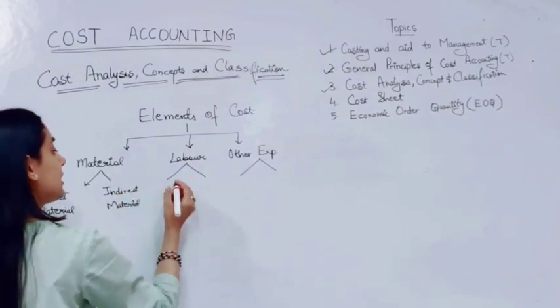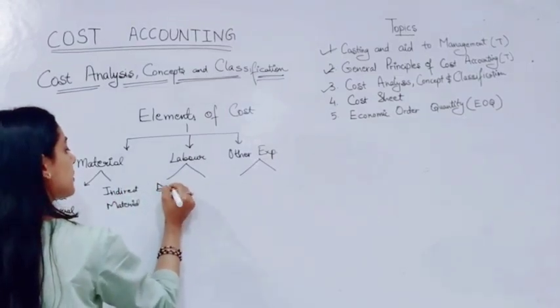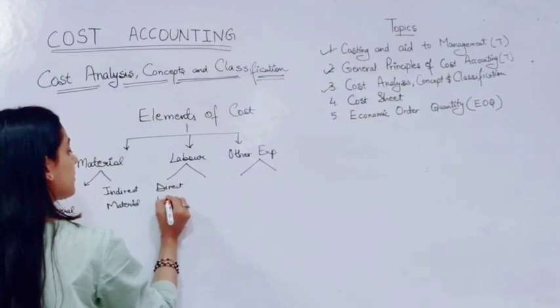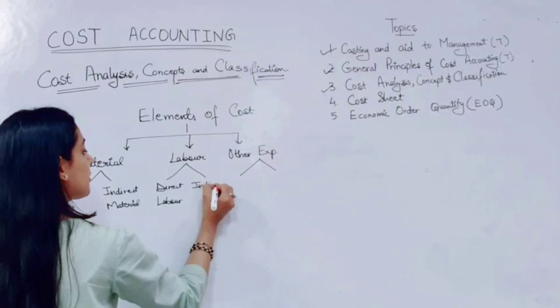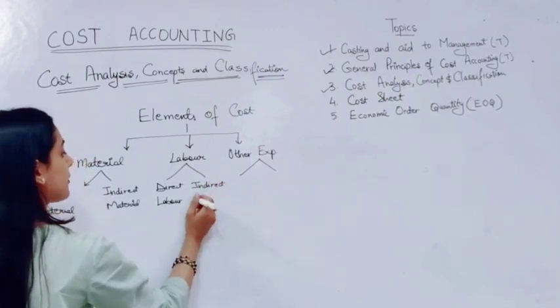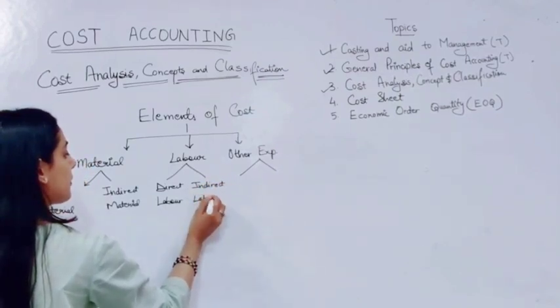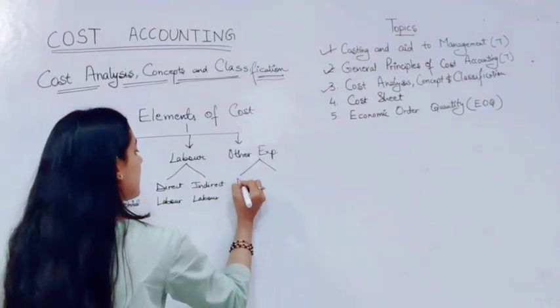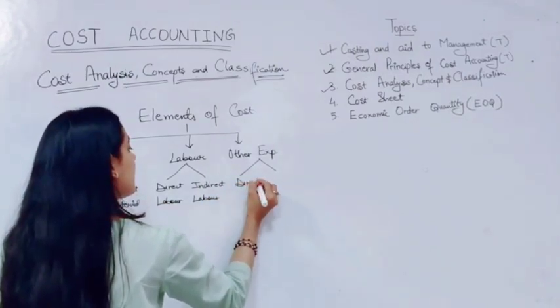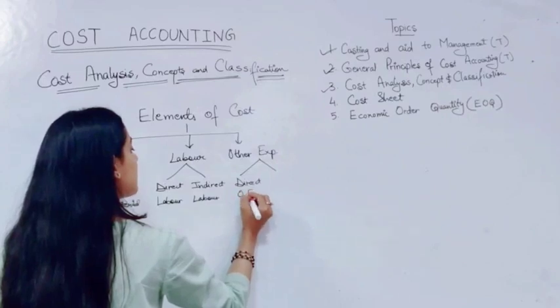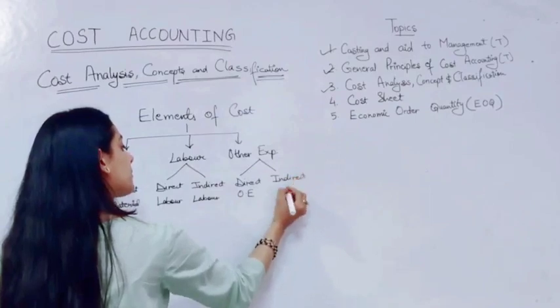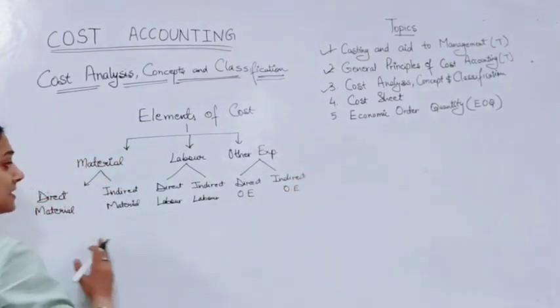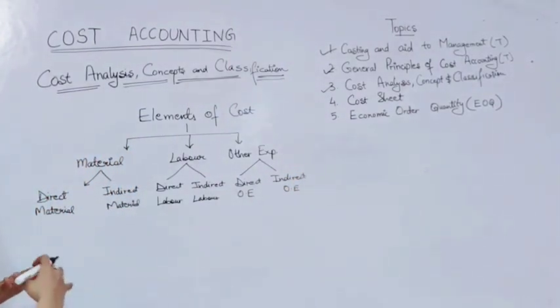Similarly, talking about the labor, this is also direct labor and indirect labor. Next, direct other expense and indirect other expense. These are the further subdivisions or the classifications of the elements of cost.